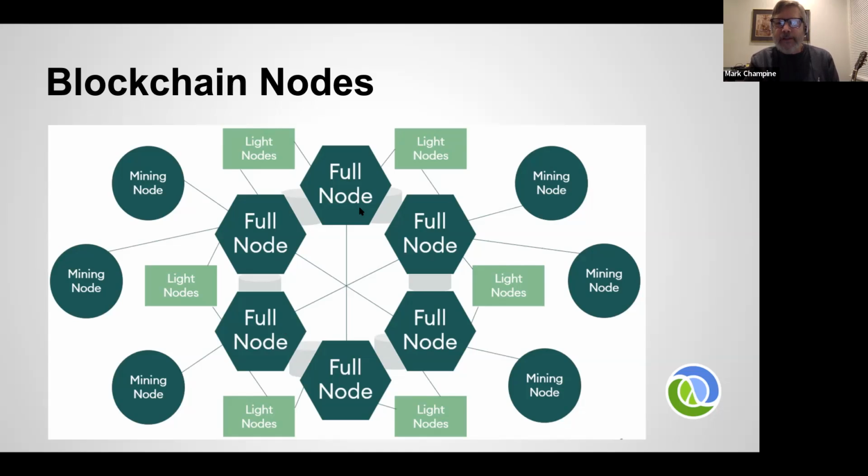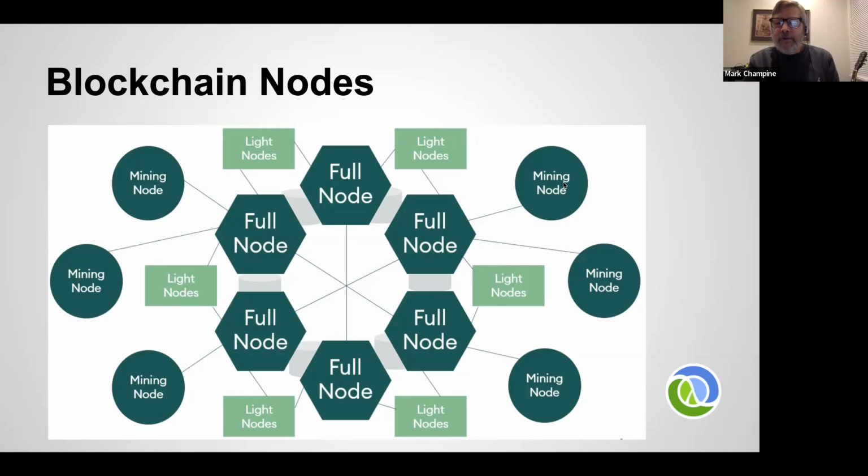Full nodes store the entire blockchain. Light nodes only store the block headers. It's a tiny fraction of the full size of the blockchain. It's enough to answer questions about what kind of transactions exist, and communicate with full nodes really to do the heavy lifting.